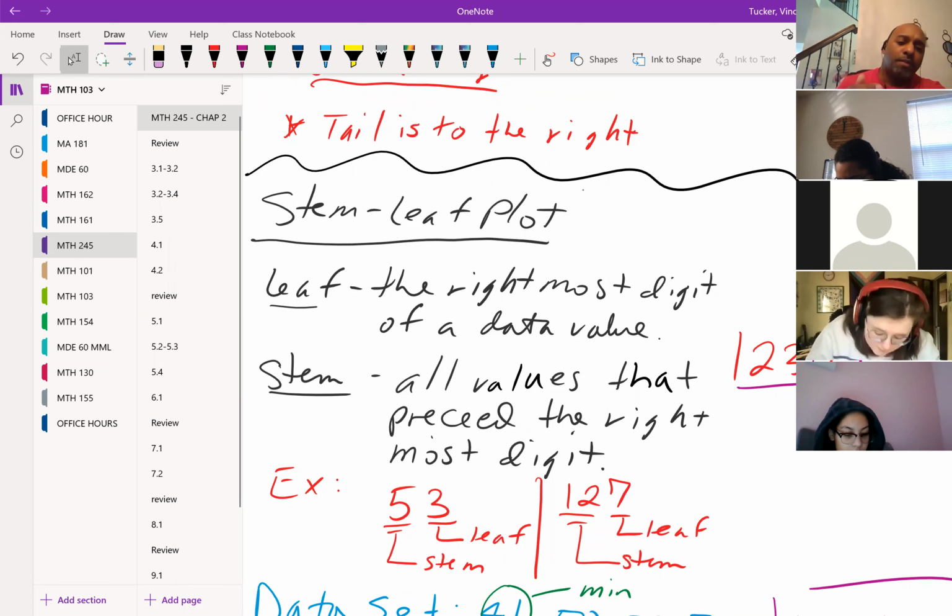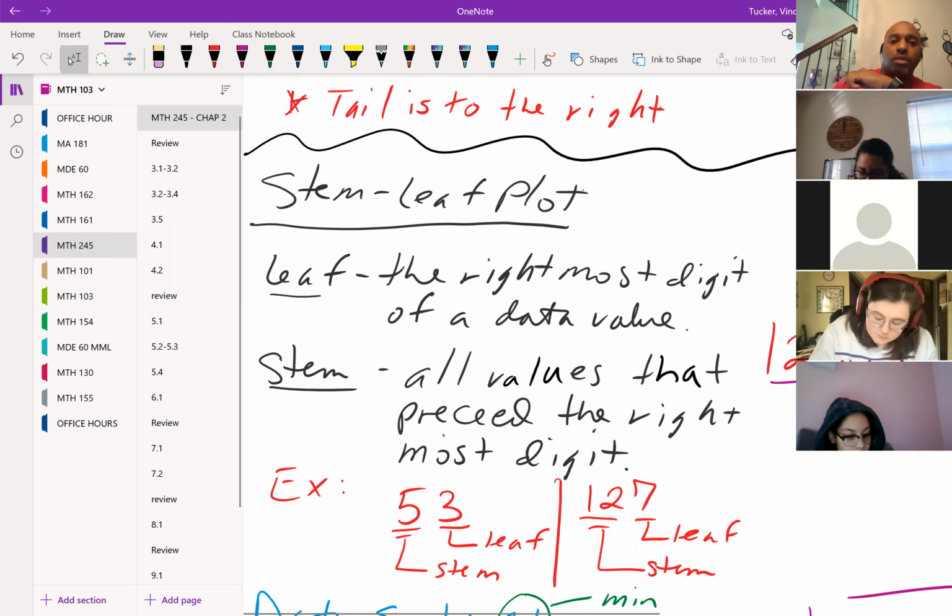So if you see the number 53, your leaf will be 3 and the stem will be 5. If we have 127, the leaf is 7 and 12 would be the stem. So once again, your leaf will be the rightmost digit of your data value, the digit that's farthest to the right. And then everything that precedes that will be your stem.